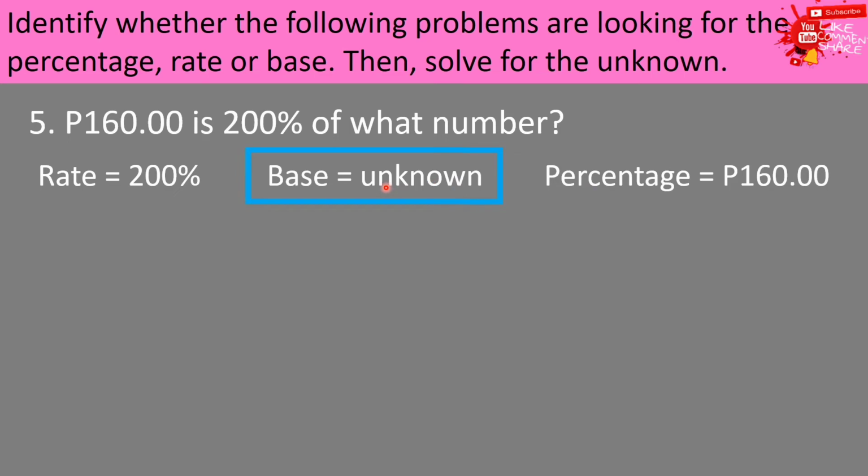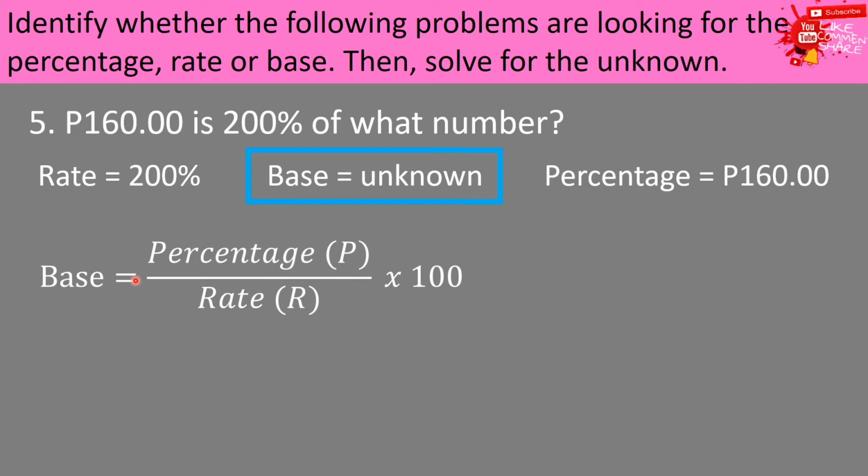So, since we are looking for the base, ang kailangan natin na formula ay base is equal to percentage over rate times 100. Tapos, i-substitute lang natin yung mga given natin. So, 160 is the percentage divided by the rate, which is 200, times 100.